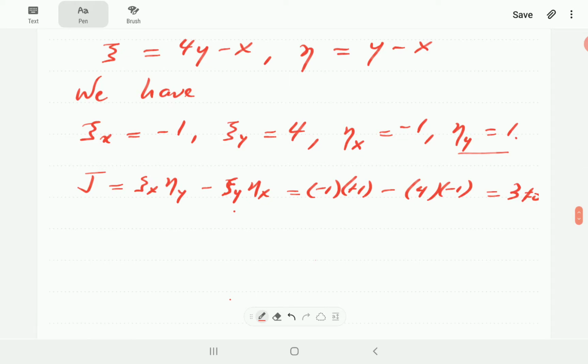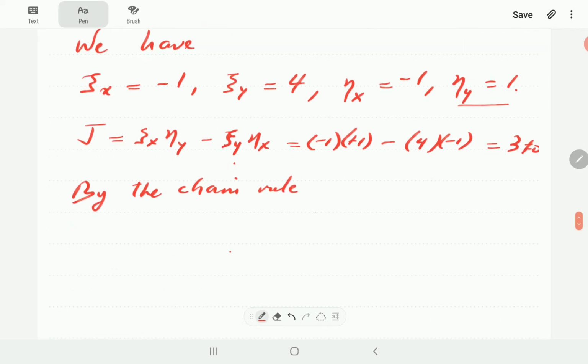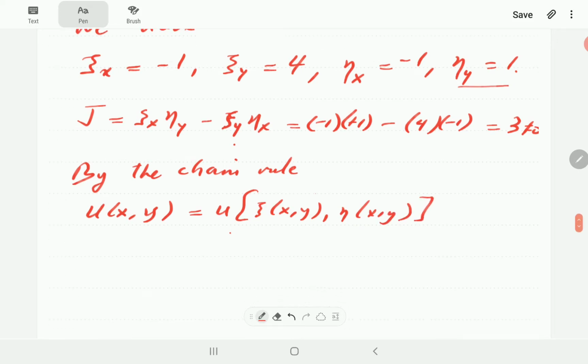And then we need to work out our derivatives in terms of xi and eta. This is going to be based on the chain rule, going from the xy space to the xi eta space, but xi and eta are functions of xy.